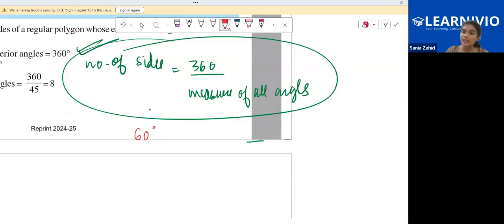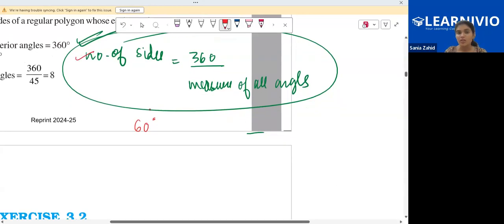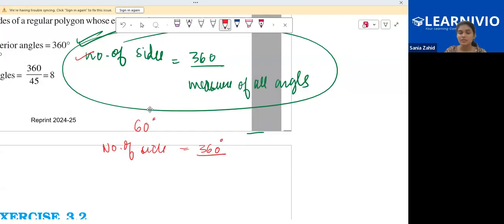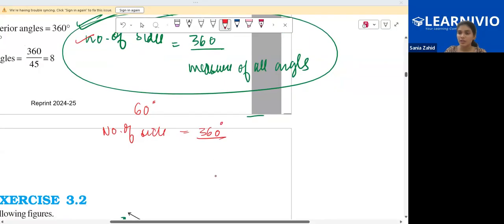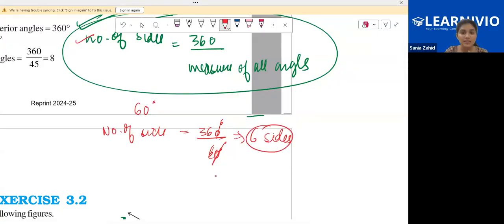You tell me the number of sides of the polygon. So you will use this formula. Number of sides is equal to 360 degree divided by 60 degree. Okay, so you cancel this, you get 6 sides. So a regular polygon with 6 sides has all exterior angles equal to 60 degree.